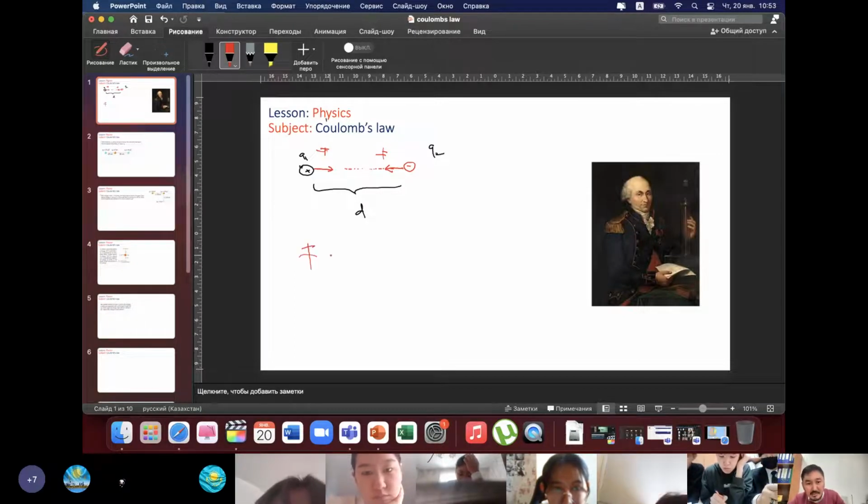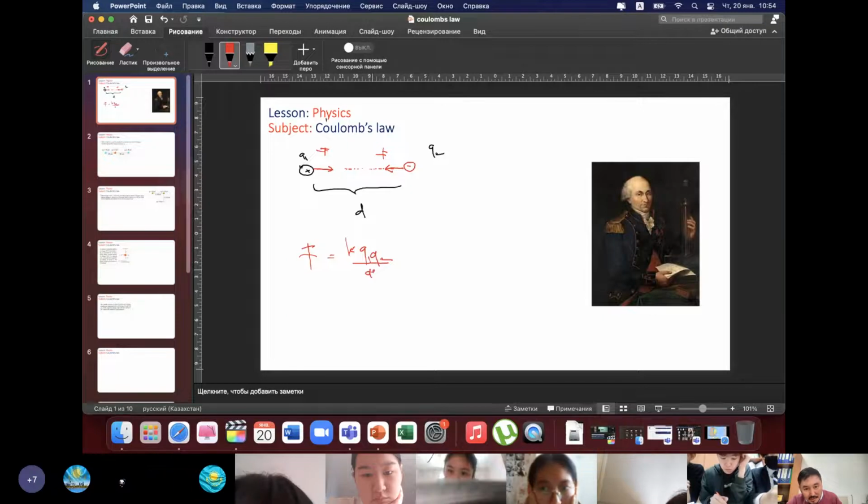But the scientist Charles Coulomb calculated that this force equals K, that's a constant, times Q1 times Q2 over D squared, where D is the distance between them.